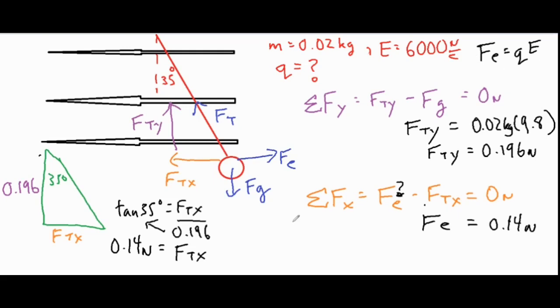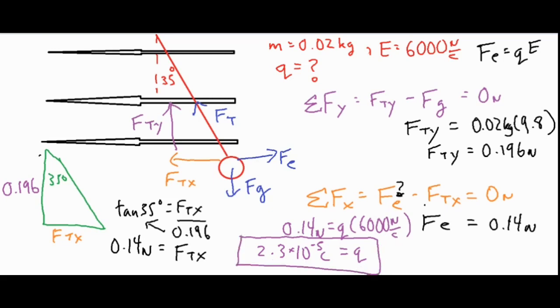So we have 0.14 newtons equals Q times E. We are looking for Q, and we know our E is 6,000 newtons per coulomb. So if we go ahead and divide both sides by that 6,000 newtons, then Q equals 2.3 times 10 to the negative fifth coulombs.